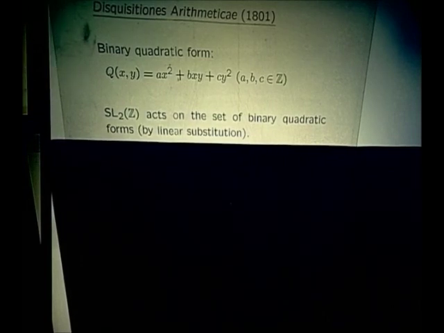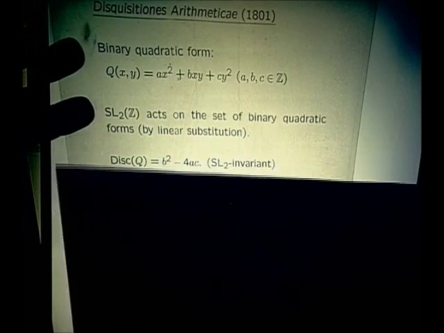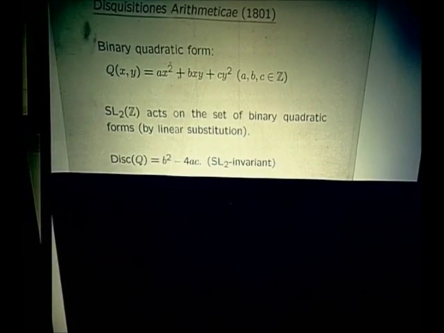And moreover, something will be preserved, namely this expression that we all know, b squared minus 4ac. So b squared minus 4ac remains unchanged under the action of SL2(Z) on integral binary quadratic forms.